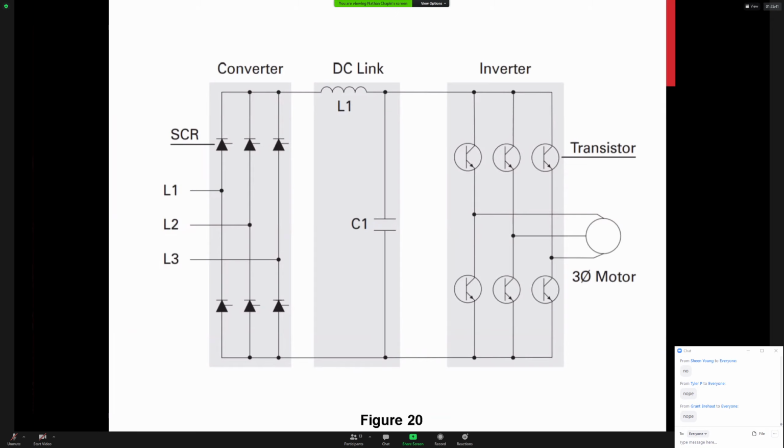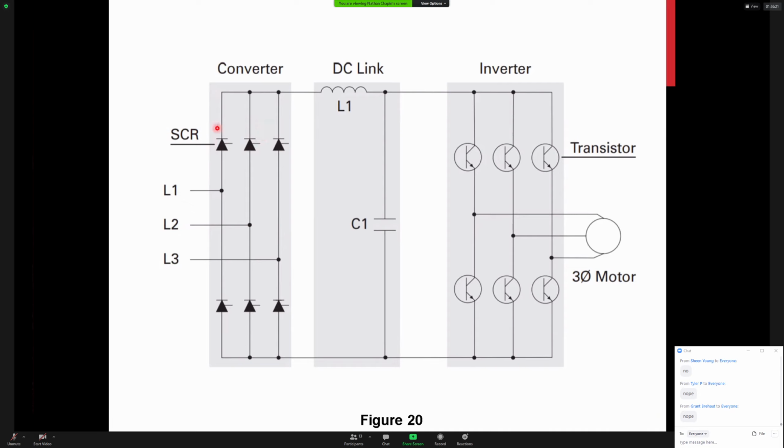Okay, so notice we have our 3 sections are shown, 3 of the 4 main sections. We have our converter or rectifier, which for rectifying contains SCRs. So you're probably used to a 3-phase rectifier containing just a 3-phase full wave bridge rectifier made out of diodes. So this is a 3-phase full wave rectifier, but it's made with SCRs. And you'll notice that this one is called the VVI, variable voltage inversion.